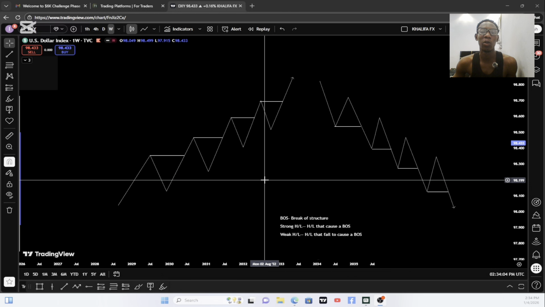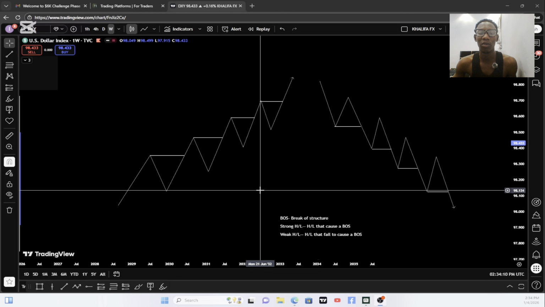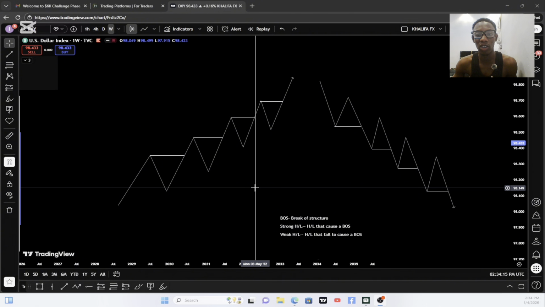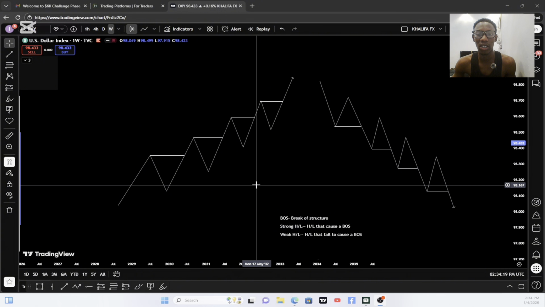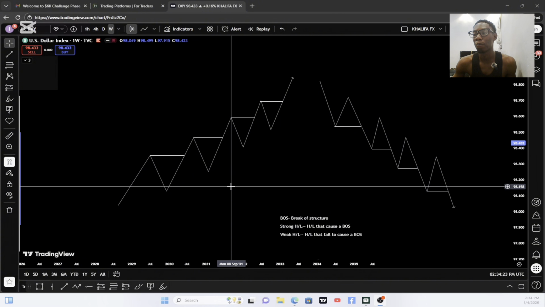The reason why I like Photon is that he's been able to simplify the structure so much that if you are able to get your head around it, it will pave the way for everything else. That's how important market structure is in the way that we are trading.